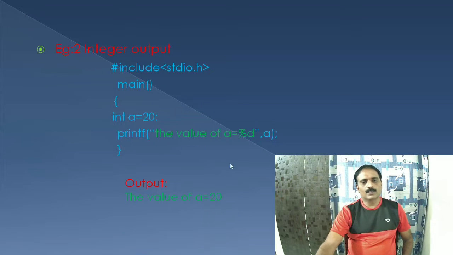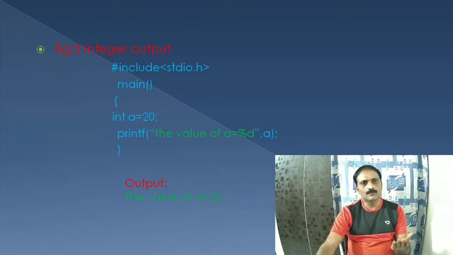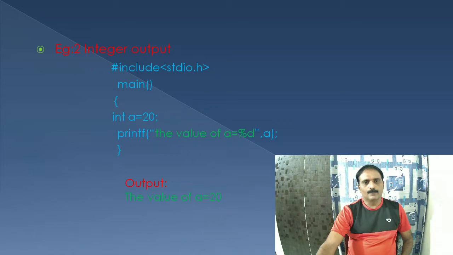If you run this program and execute it, we are going to have on the screen the value of a is equal to 20. So this is the second situation in which we use the printf statement.